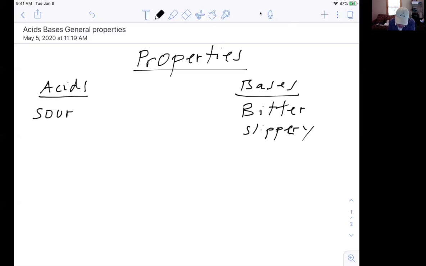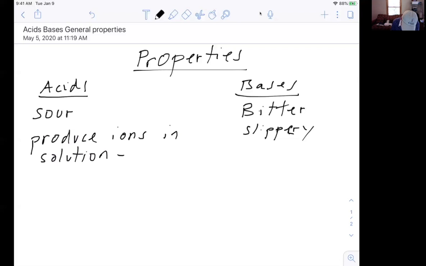Both acids and bases will produce ions in solution. And you guys know from your physical science days that if there's ions in a solution, they will conduct electricity. So both acids and bases will produce ions in solution.